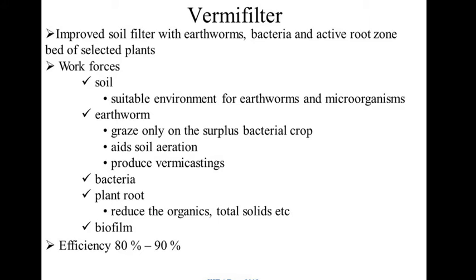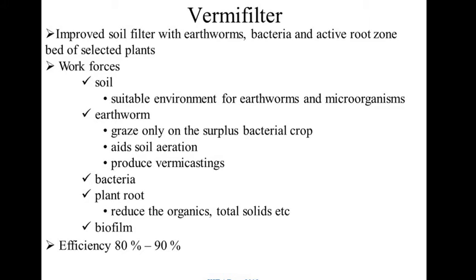Bacteria also help in organic oxidation, and plant roots reduce the organics and total solids, along with the biofilm. So these are the various processes which occur in vermifilter: soil, earthworm, bacteria, plant root and biofilm. These all are the workforces in the vermifilter.